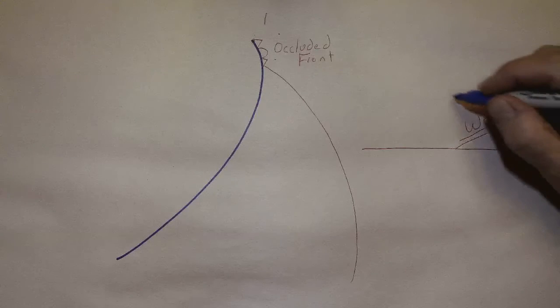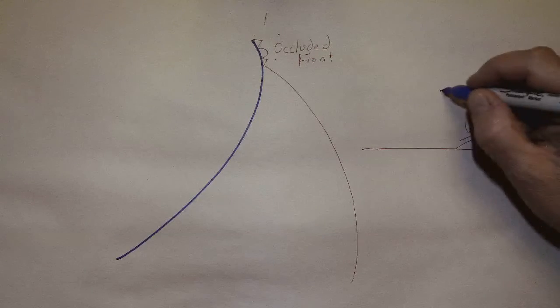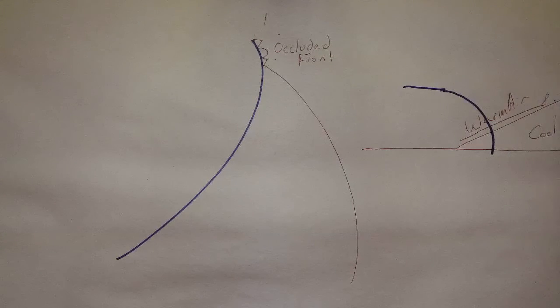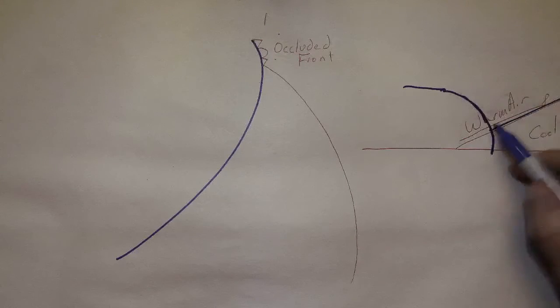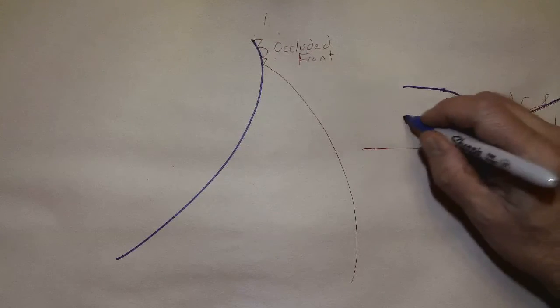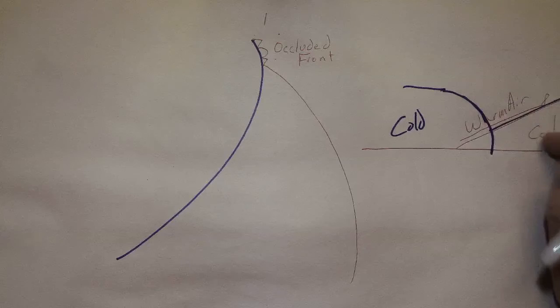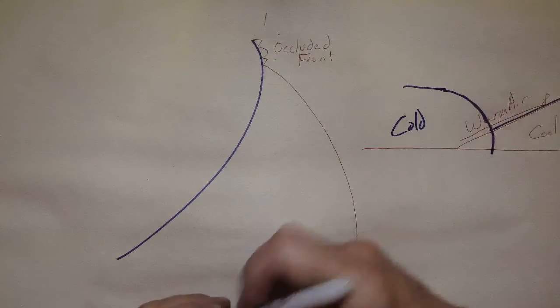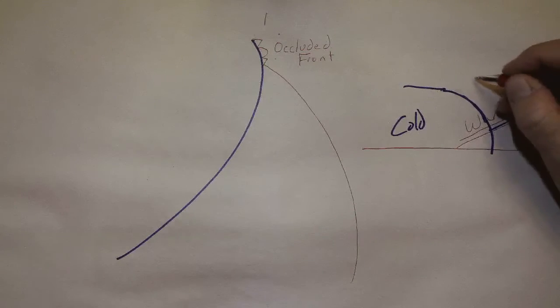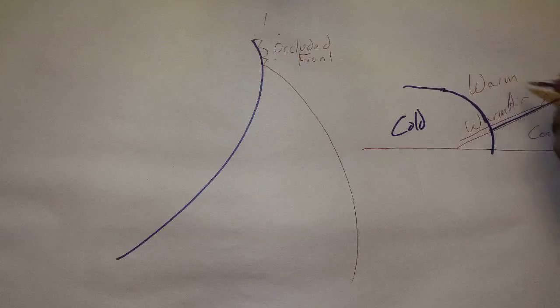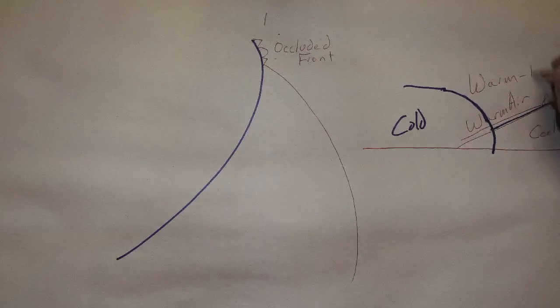Well, the cold front catches the warm front and lifts it right off the ground. So the actual front ends up being like this. This is the cold air, this is the cooler air, and all of a sudden now you have a situation in an occlusion where the warm air is all aloft.